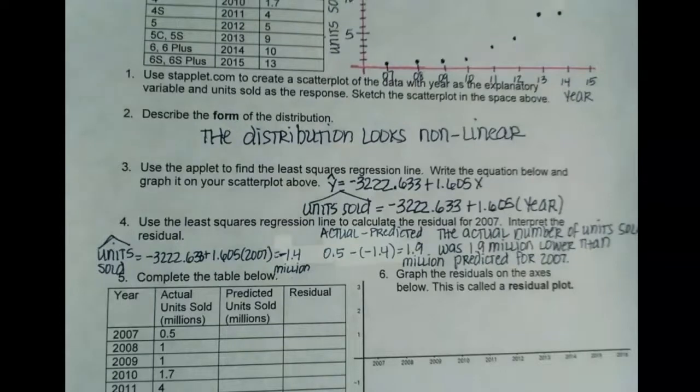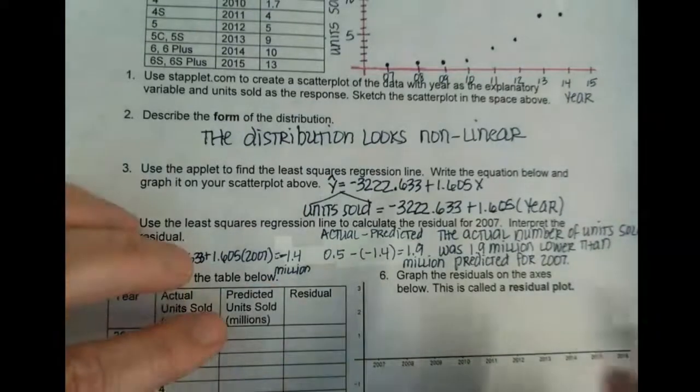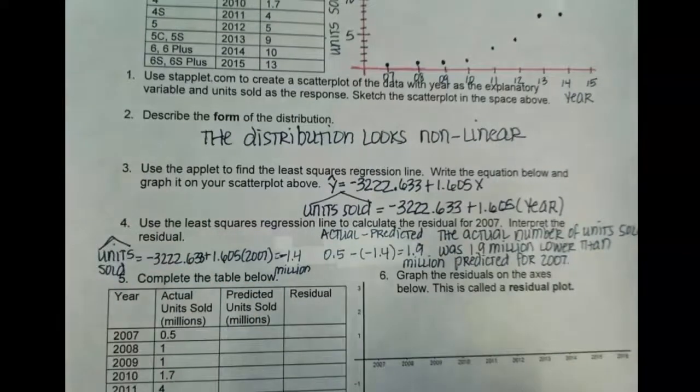So a residual is just the difference between what was predicted and what actually happened.